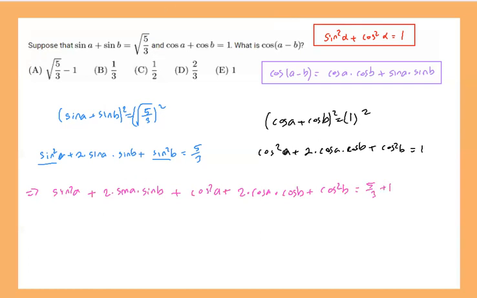As I just mentioned, sine squared A and cosine squared A add up to 1.